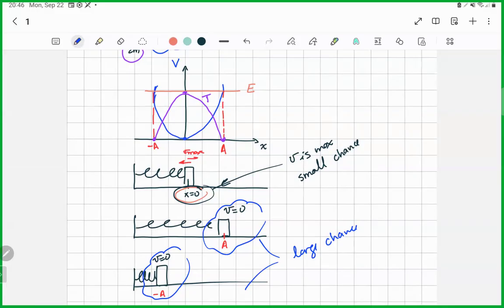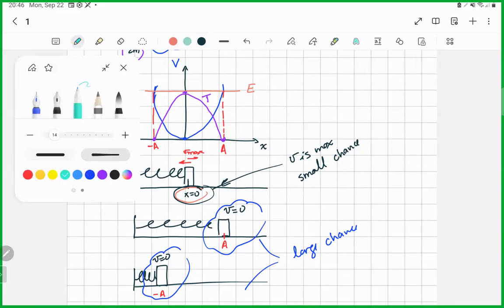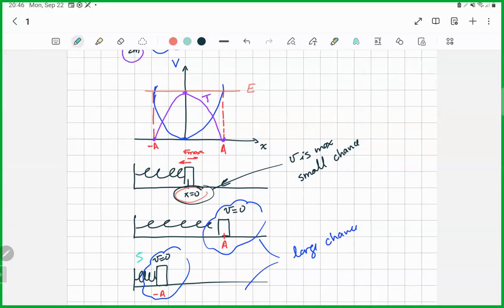And another important thing, we know for sure that we'll never find this particle around here, or around there. It will never be there because it doesn't have energy to be there. For the energy that started this process, it will never be there.